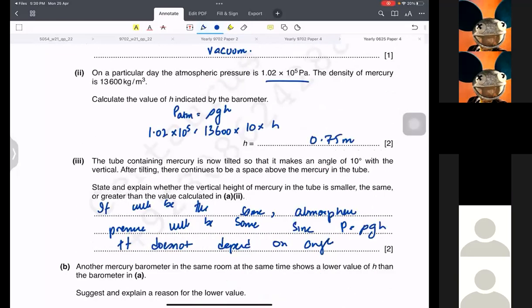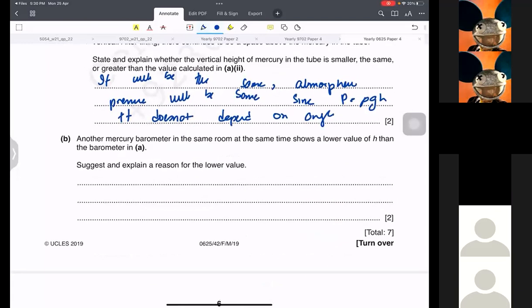All right, then another mercury barometer in the same room at the same time shows a lower value H than the first barometer. Suggest the reason for the lower value.